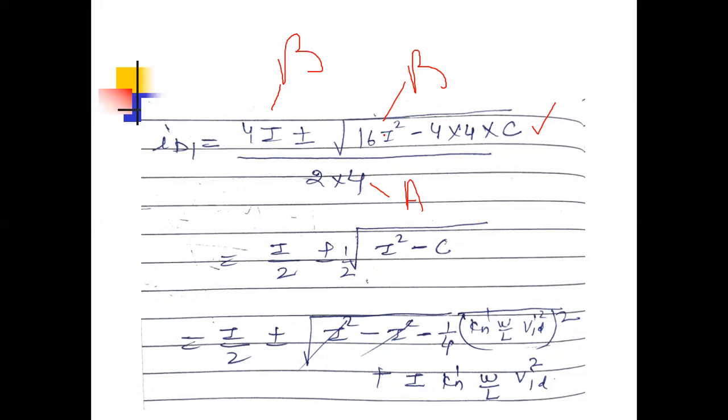This 4 can be cancelled out. Take 16 common here. In 16, outside will be 4, 4, 4 will be cancelled. So this will be I by 2 plus minus 1 upon 2 under root I square minus c, because we have taken 16 common here. So I by 2 plus minus 1 by 2 under root I square minus c.